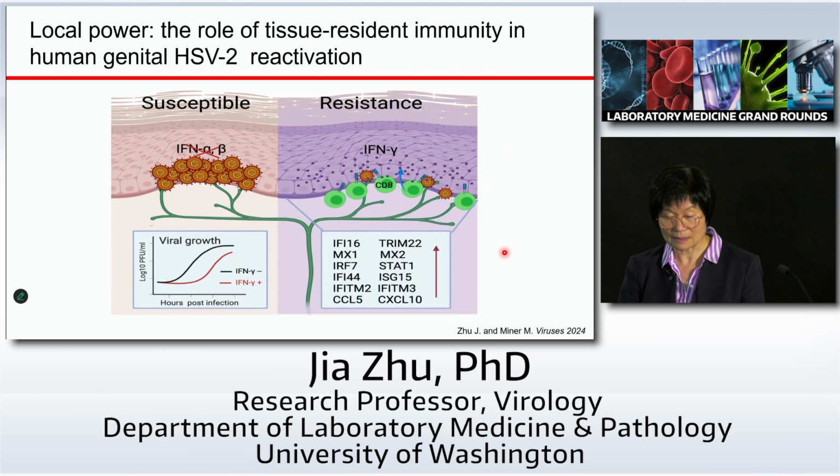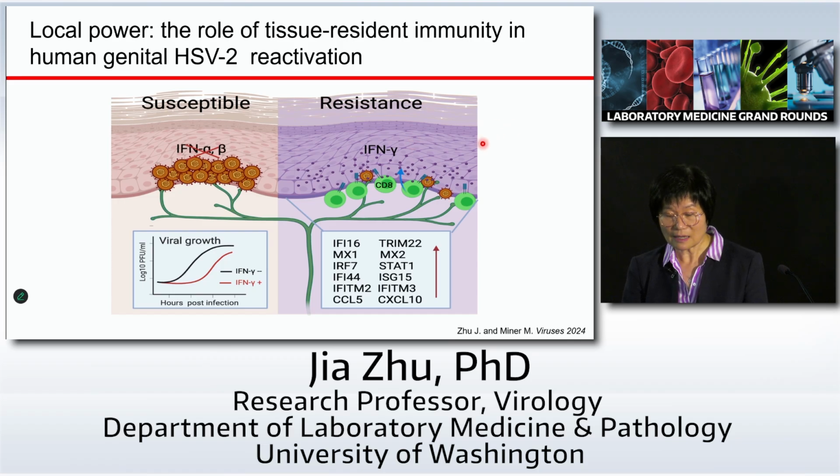To summarize this first part of the talk, I have shown you that HSV specific CD8 T cells persist in tissues after herpes lesions heal. High CD8 effector to target ratios and increased cytotoxicity are evident in asymptomatic shedding.